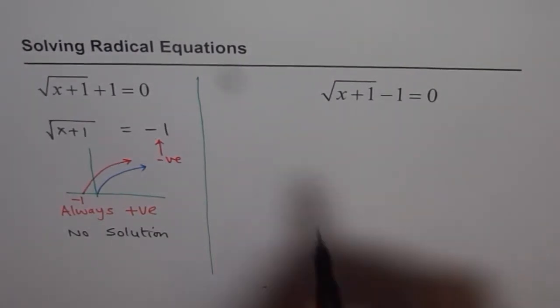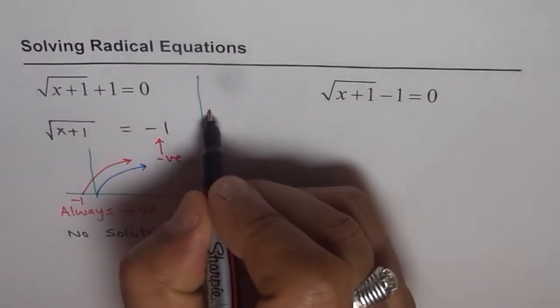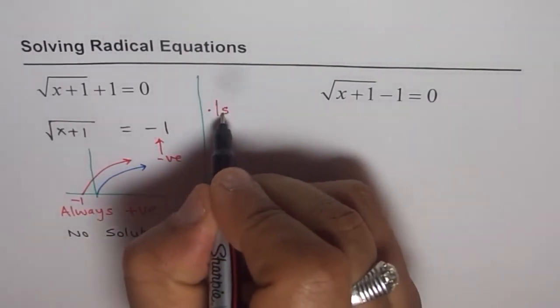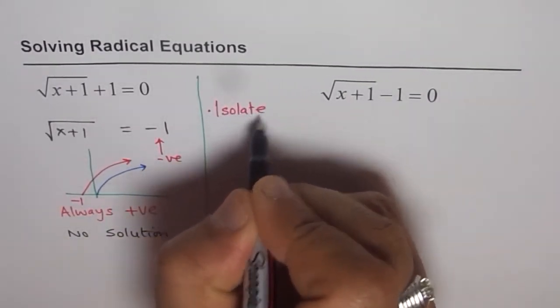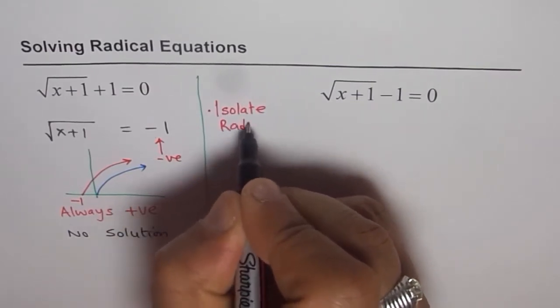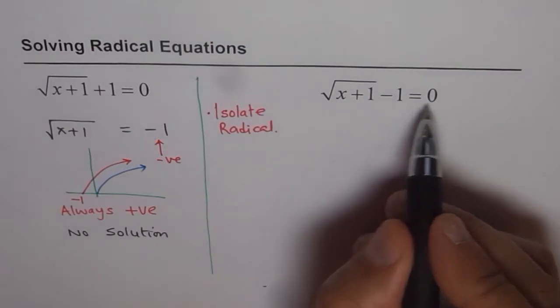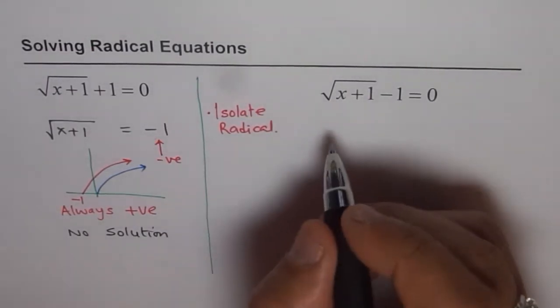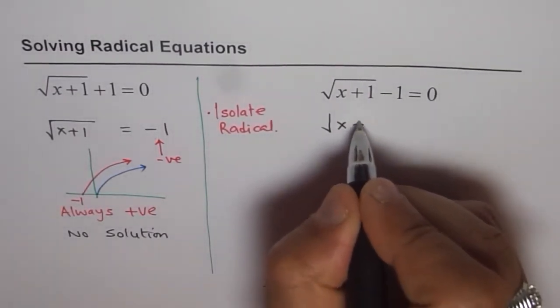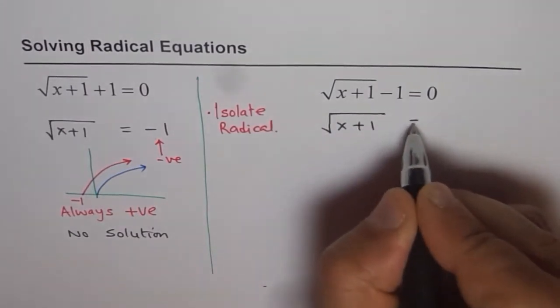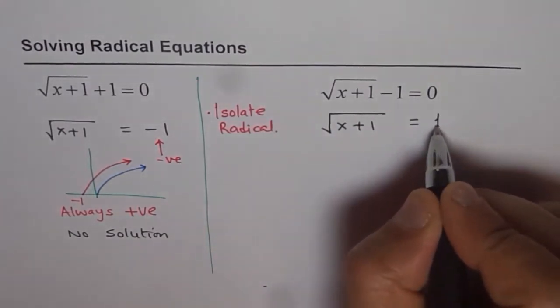So here, the first step should be to isolate radical. So that is our first step, isolate radical. So what we can do is add 1 both sides. So what we get is square root of x plus 1 is equals to 1.